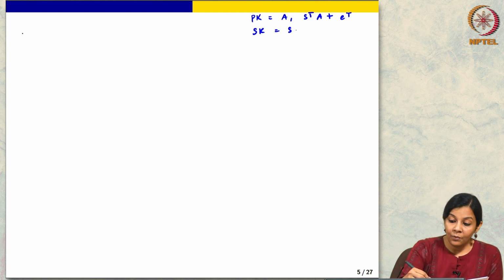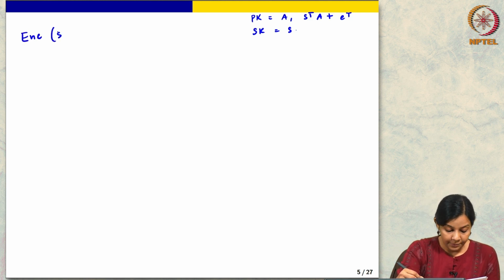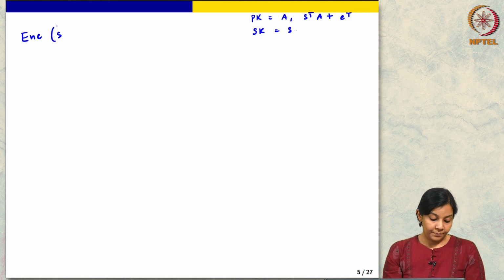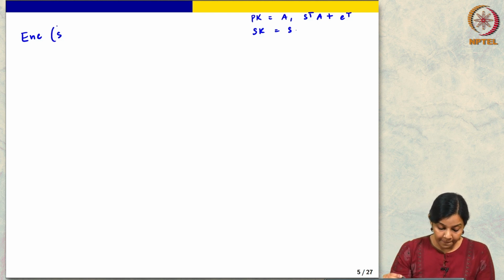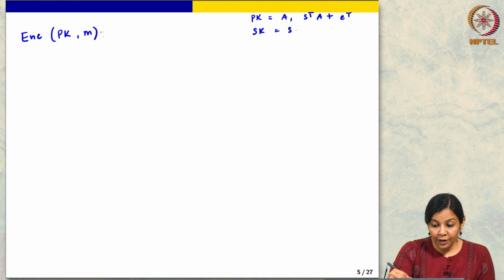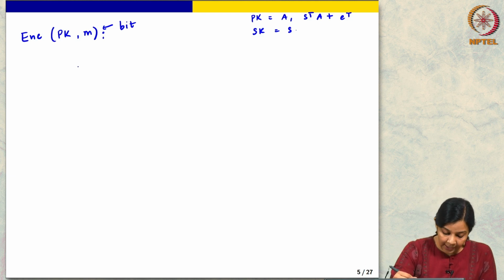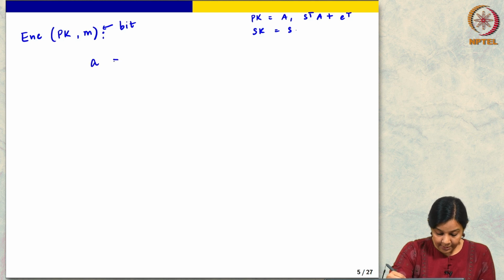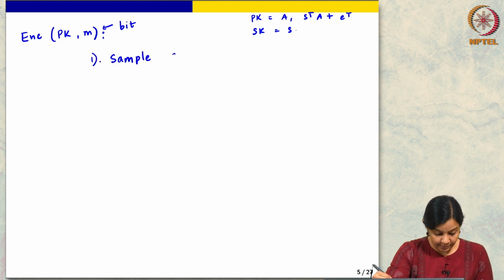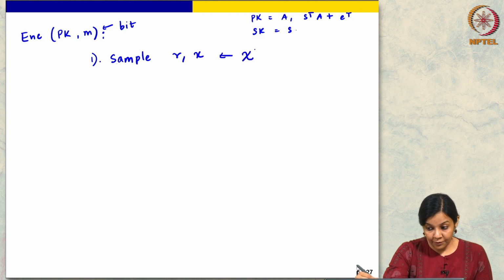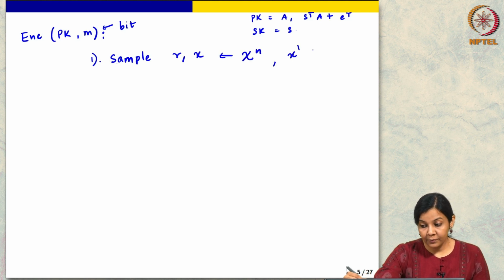Okay. So now I want to encrypt. This will take the public key and the message M. For now I am just going to think of M as a bit, so I just want to encrypt a bit. So what will I do? Let me first sample R and X from chi to the n and also X prime from chi.